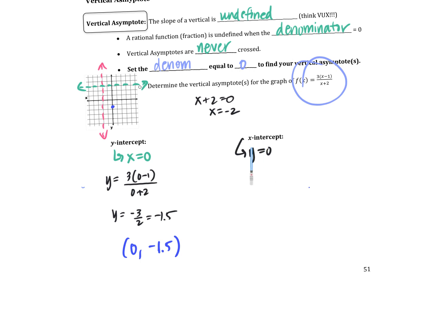What about for an x-intercept? If my y is 0, you guys, isn't f of x just fancy for y? Okay, my f of x is just fancy for y. If my y is 0, I'm setting this whole thing equal to 0. What would you do first? Multiply by that x plus 2. What's 0 times anything?